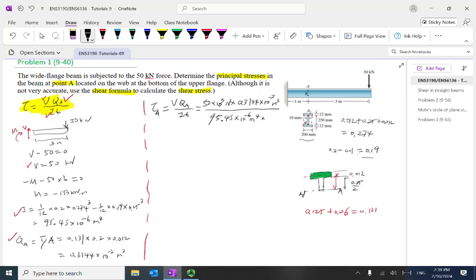So how much? Of course, it's 0.01. So of course, the value is equal to 16.47 megapascal. Okay, so this we combine all together.